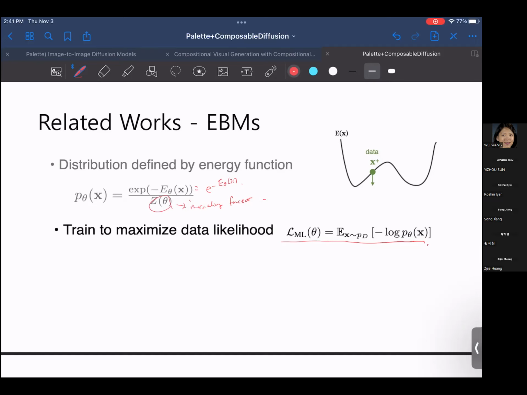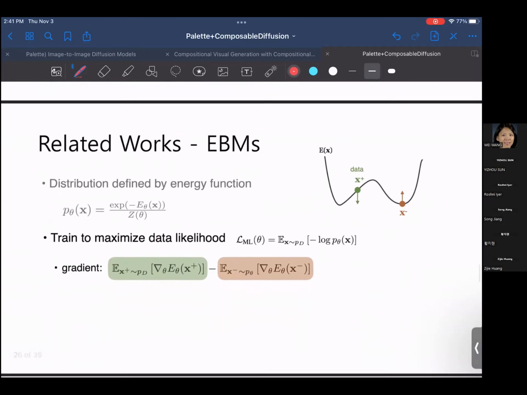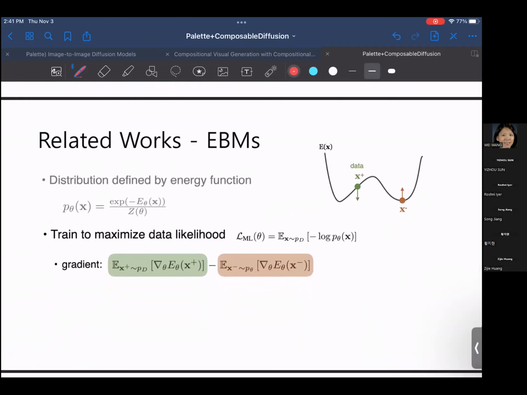Therefore they want to use a sampling technique. For the paper they are using for this energy-based model, they use a derivation method that divides this term, the target they want to maximize, into two gradient terms. This division is a theorem included in the Langevin dynamics.